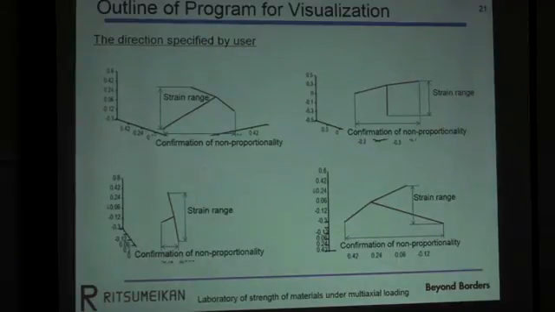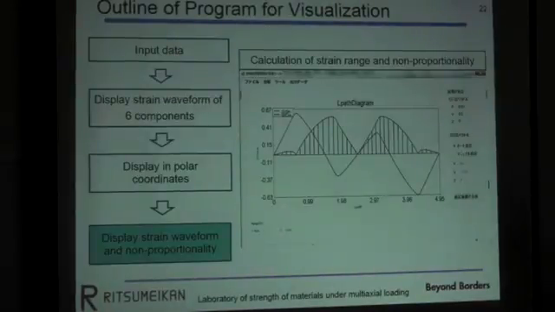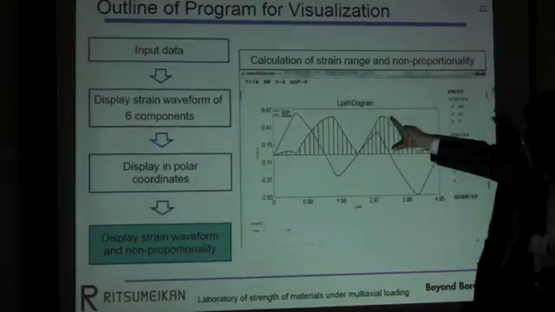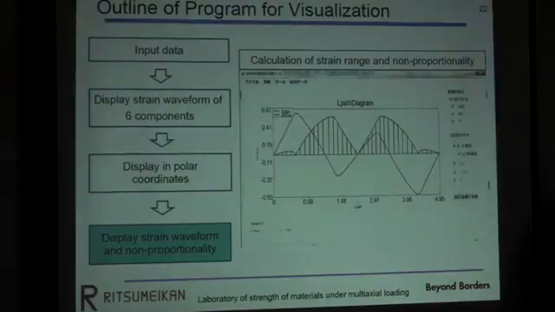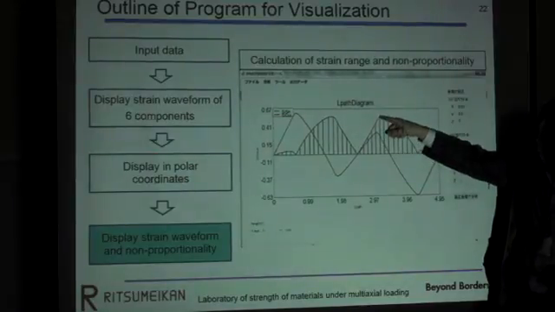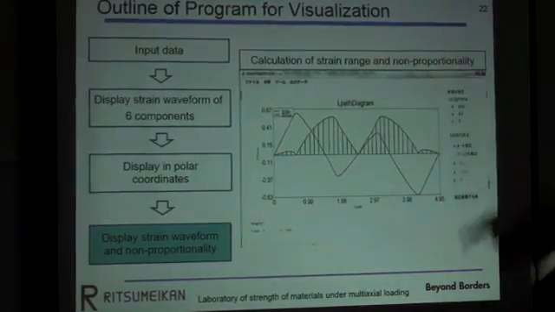We can rotate, and we can find some critical direction from here. And then finally, we can get the stress amplitude here, and this hatching area means the intensity degree of non-proportionality at each time. This height means the non-proportionality at this time. So we can know the stress or strain amplitude and the non-proportionality simultaneously from this picture.